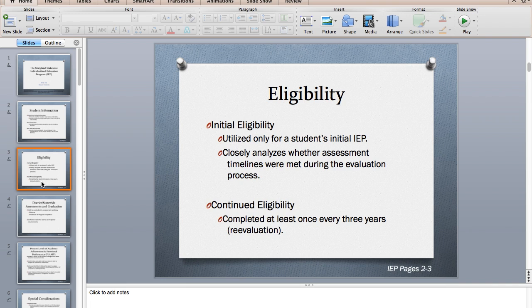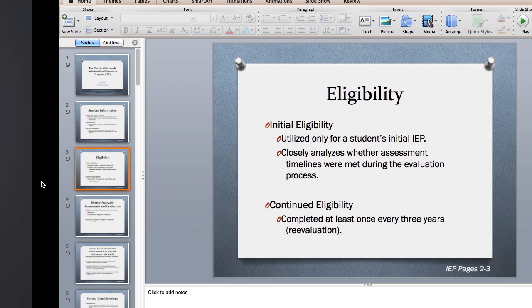And then if it is not the initial IEP, then this section will be called continued eligibility. And as you're developing the Maryland State IEP online, there's actually a checkoff box on the cover sheet that allows you to indicate whether or not it's the initial IEP. And based on that selection, that's how your software system will determine which section you see.